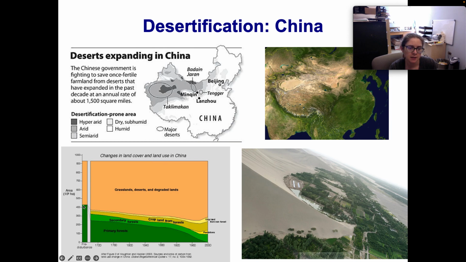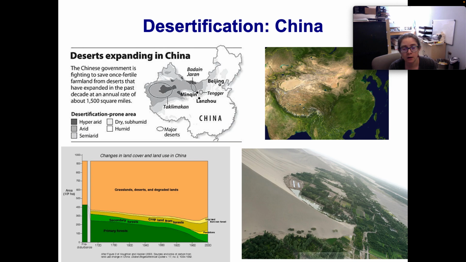And we can see that there used to be a lot more forest, and over time the amount of grasslands, deserts, and degraded lands has increased. And you can see that there's also cropland in here as well, whereas there's almost no primary forest, meaning forest that was there originally, like old growth forest, but there is some growing amount of secondary forest.